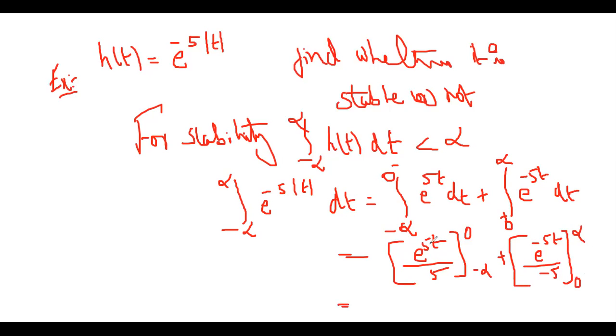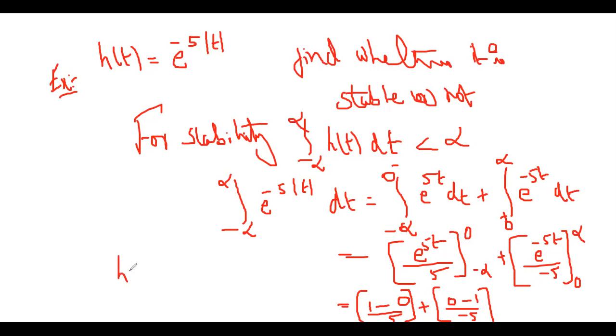Now here the upper limit is a 0, e power 0 is a 1, and the lower limit is infinite, becomes 0. 1 minus 0 by 5, plus, and upper limit is infinite here. So 0 minus lower limit is a 0, e power 0 is a 1 by minus 5. Okay, my dear student. Here the 1 by 5 and here also the 1 by 5. Minus minus get cancelled, 1 by 5.